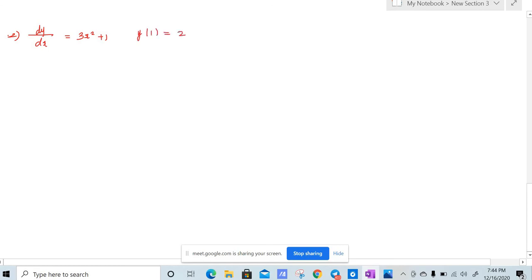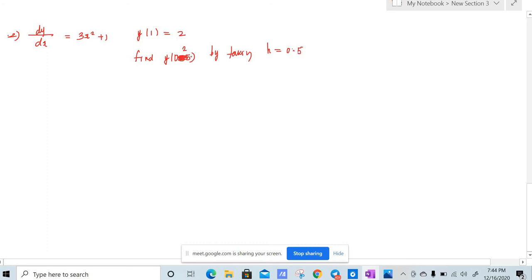Find y of 2 by taking h is equal to 0.5, right?